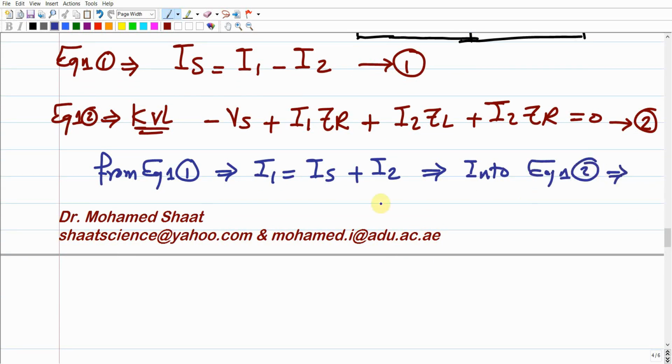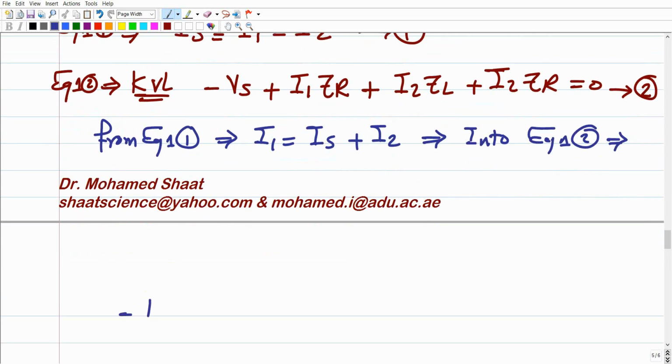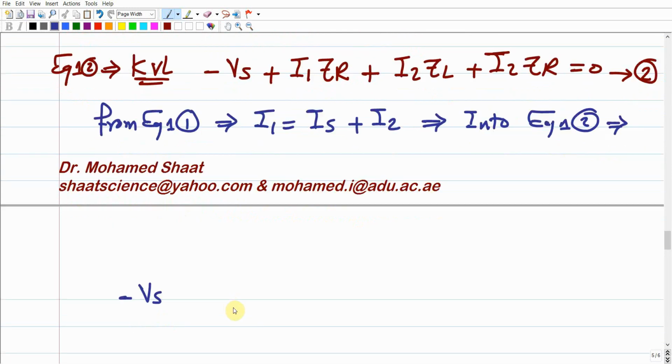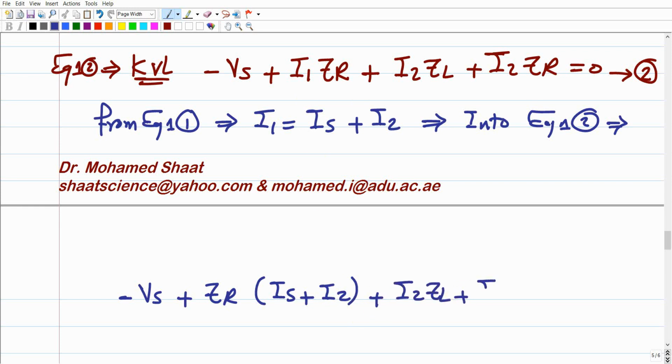If we substitute it into equation 2, this is going to give us the negative of Vs. The I1 will be substituted by the positive ZR times I1, which is just IS plus I2, right? This is the second term, plus we do have I2ZL plus I2ZR equals 0.